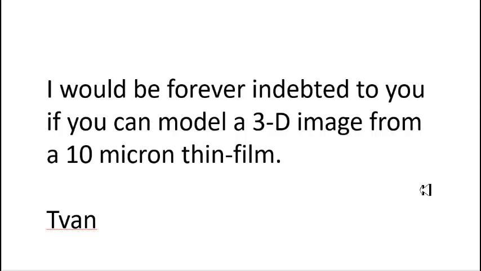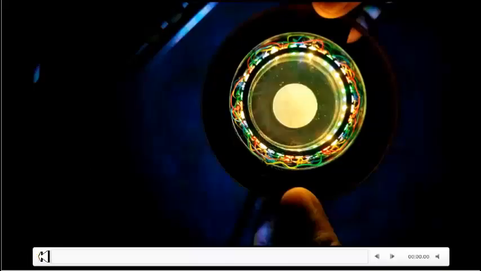So the final comment I want to deal with here is this one that Tim sent me. He said, "I would be forever indebted to you if you can model a 3D image from a 10 micron thin film." I'm not 100% sure what he means by that, but I have a feeling he means the 3D effect that you see when you look at a Ferrocell in real life.